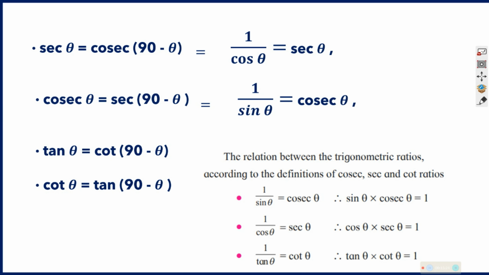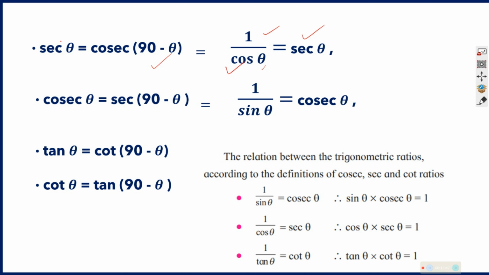To be very honest, you are having 9 different ratios. So I just wrote it once again because you learned this first, and its reverse or inverse we called sec theta. Sec theta's reverse we connected with the other one when we found that it is equal to cosec 90 minus theta. So in that way all these are very connected.